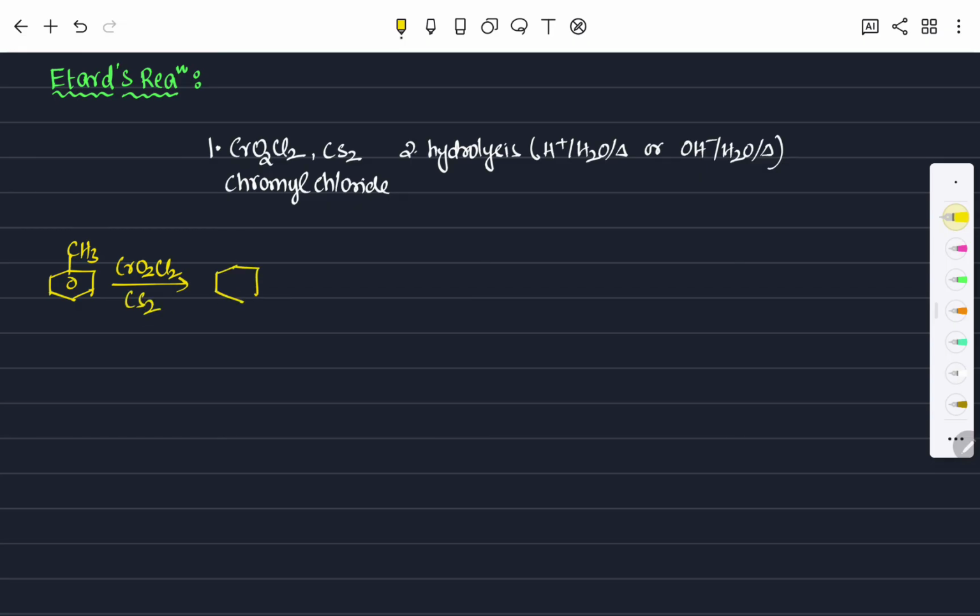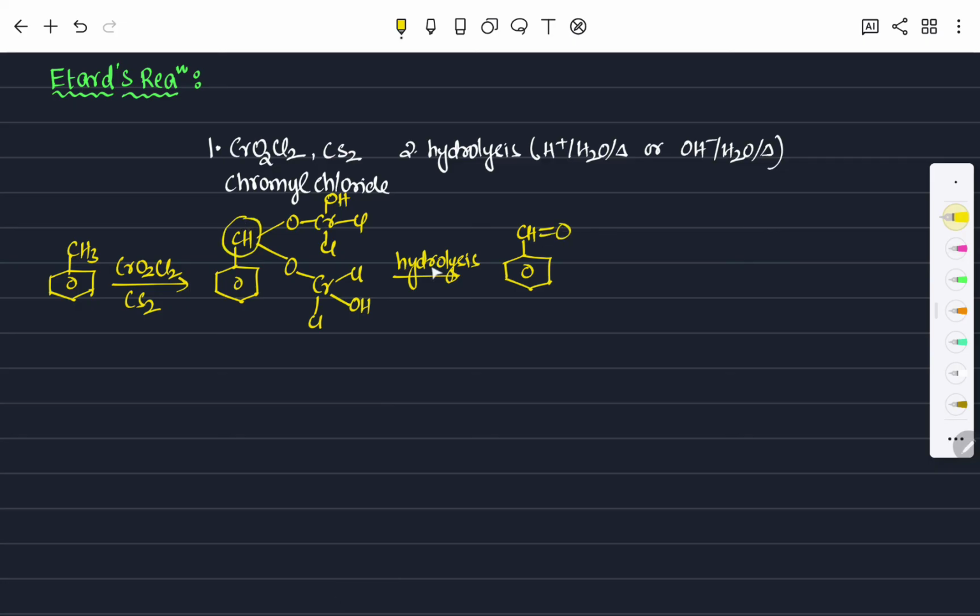At the benzylic carbon, we should write two groups. One group is OCr(OH)Cl, and another, the same group, OCr(Cl)OH. So the same group two times, and then it undergoes hydrolysis. Simply we write the answer, benzene with CH double bond O. So this entire CH group, by the hydrolysis condition, converts into CHO.